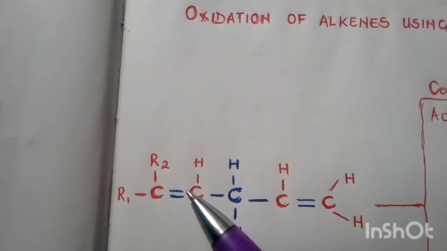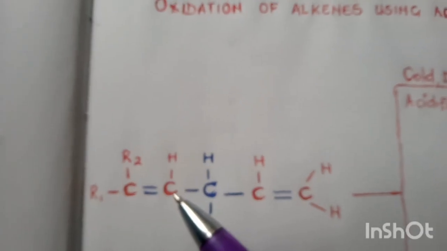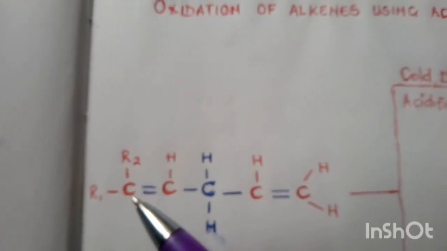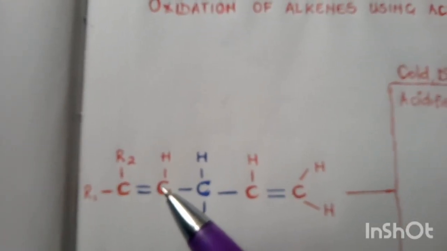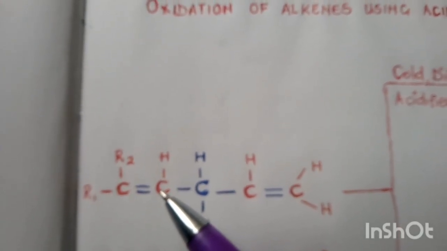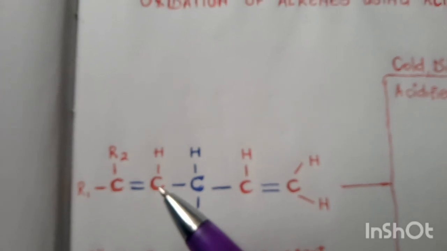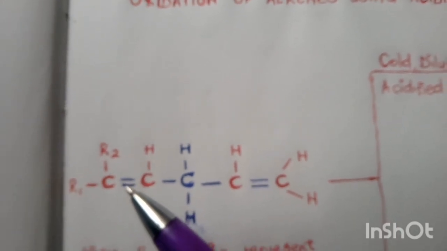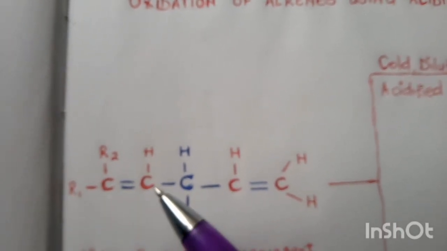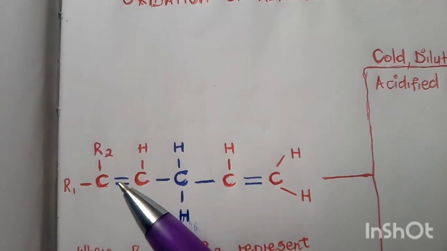And that is what happens to each of the carbon atoms that will be involved in the double bond whenever an alkene is oxidized using cold dilute acidified manganate. Each of the carbon atoms involved in a double bond will be added an OH, and the double bond will break.